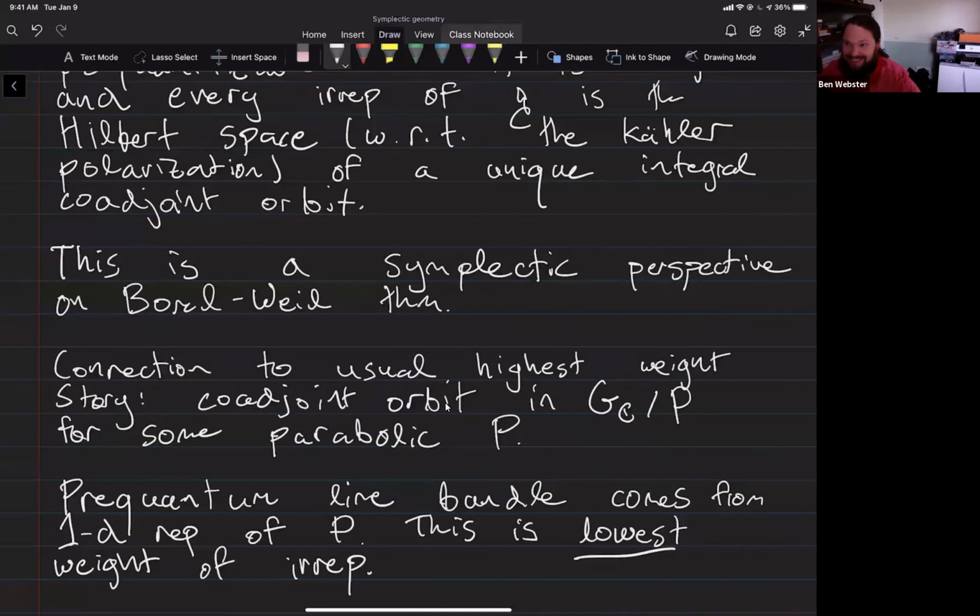You let SL(N,C) act by C^N instead of SU(N). What you're going to get is the stabilizer of a chain of subspaces, a flag, which is why you get a flag variety. So the block upper triangular matrices are exactly the matrices that preserve some flag of subspaces. Okay.